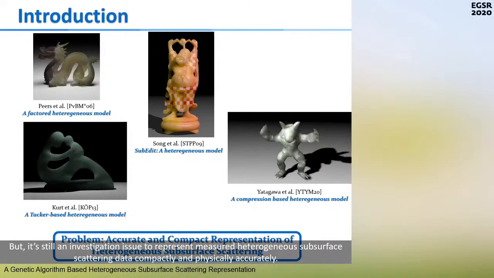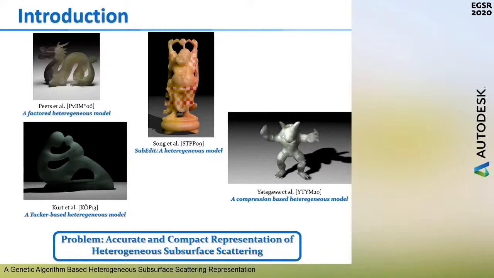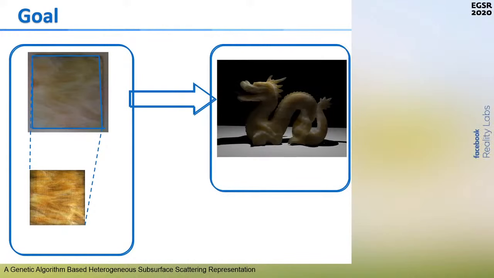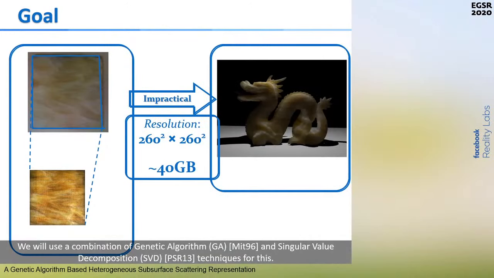But it is still an open issue to represent measured heterogeneous subsurface scattering data compactly and physically accurately. Therefore, we focus in this work on the compact and accurate representation of this special component of heterogeneous subsurface scattering. We will use a combination of genetic algorithm and singular value decomposition techniques for this.